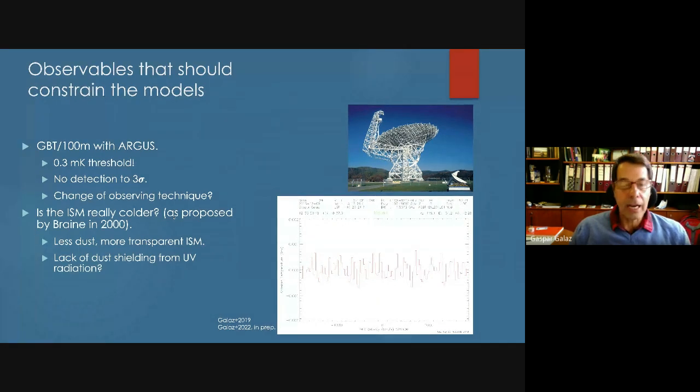So we lack perhaps the shielding of dust from the UV radiation, and then the ISM is 10 to 15, even 20 degrees Kelvin warmer than you can observe in normal spirals. It's not sure what is happening here. In 2008 we supported this idea, and up to now it is perhaps what is happening. But there are some different opinions.